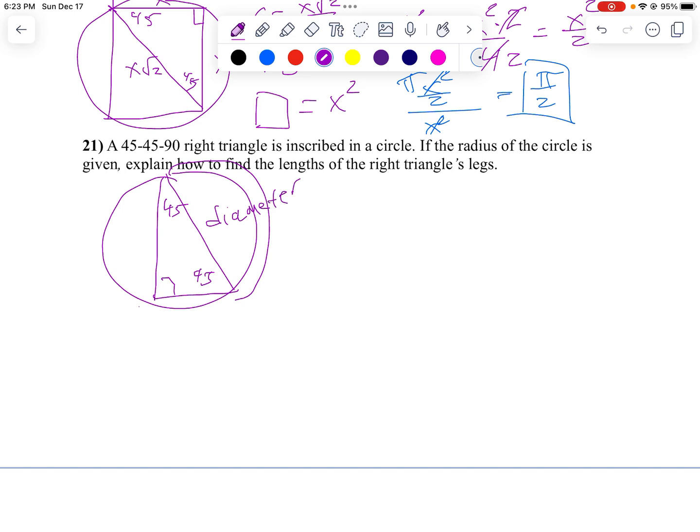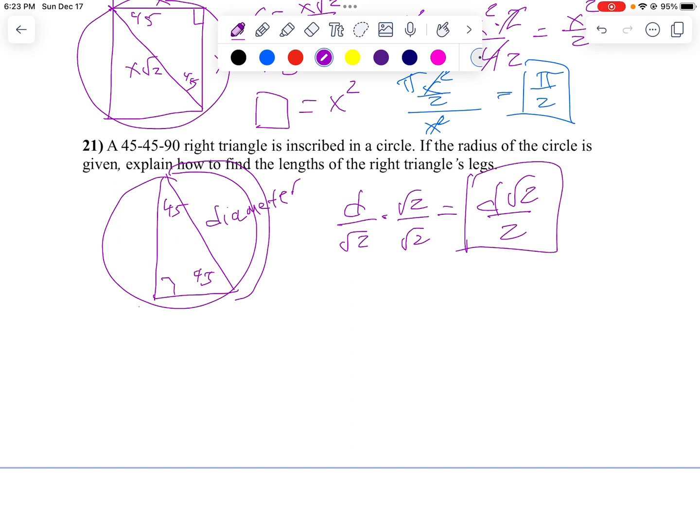And then to find the length, I divide by the square root of 2. So it would be d divided by the square root of 2. But we don't like square root of 2 in the denominator. So to find the length of each side, it'll be d times the square root of 2 over 2. And there we have it.